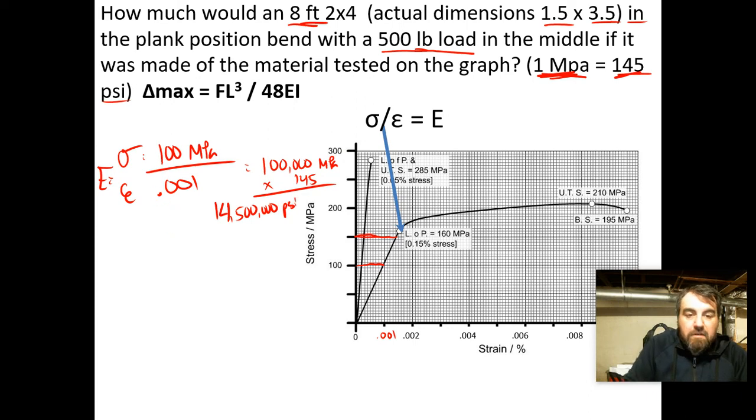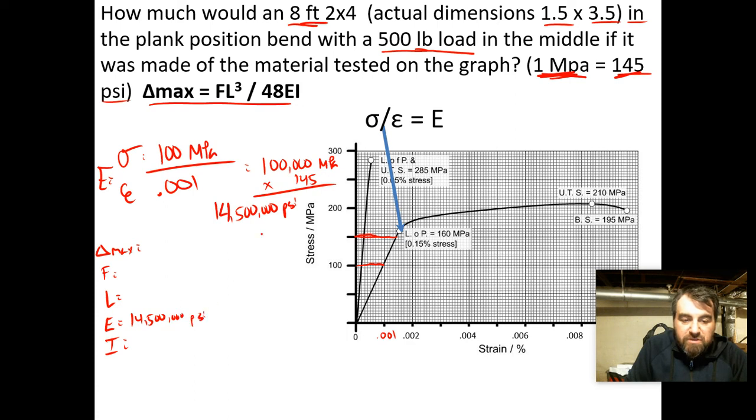Okay, now it's just a delta max problem like we've done before. So delta max equals F L cubed over 48 E I. Well, E is 14,500,000 PSI, which we just found.